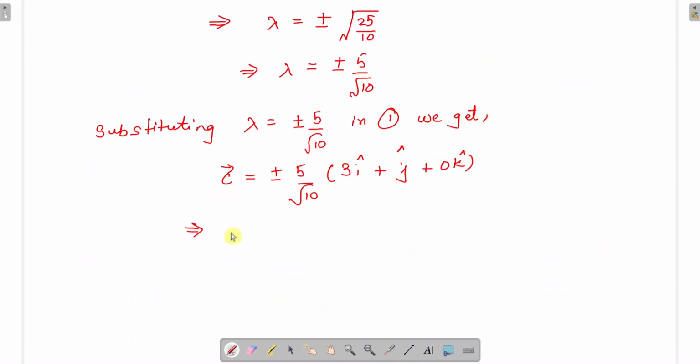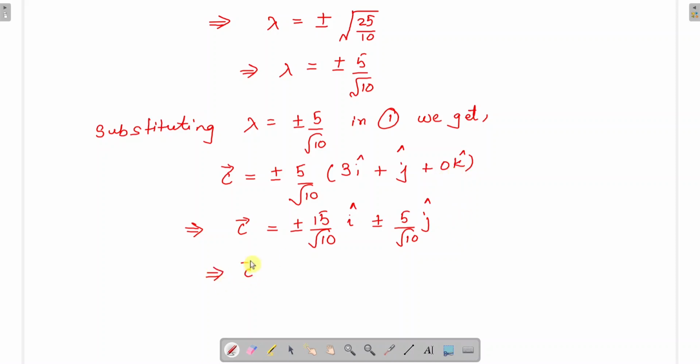So this implies c bar is equal to, now we will multiply plus or minus 5 by root 10 to this vector. So we will get plus or minus 15 by root 10 i cap plus or minus 5 by root 10 j cap. So this only we can keep, we no need to write this 0 k cap.